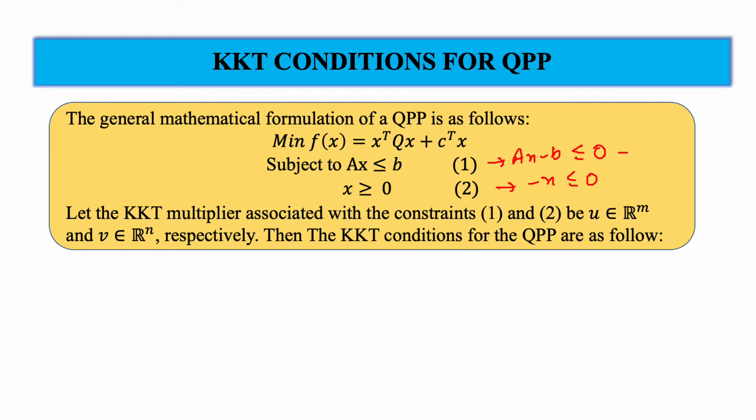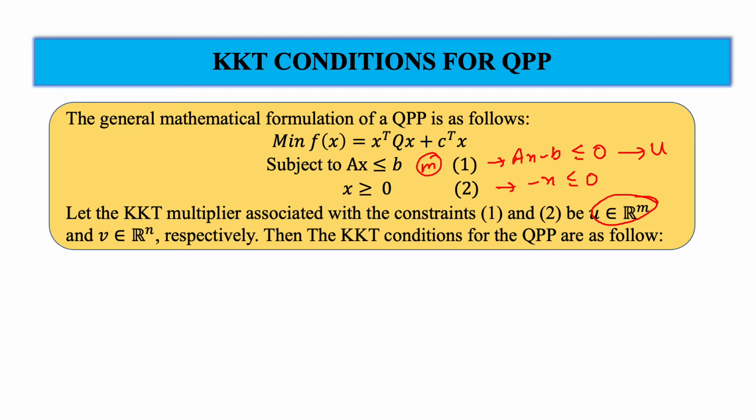So for these constraints, u belongs to R^m. How many constraints are we having for this system? m constraints. So we will need m KKT multipliers for the Ax minus b less than or equal to 0 constraints. How many constraints do we have here?